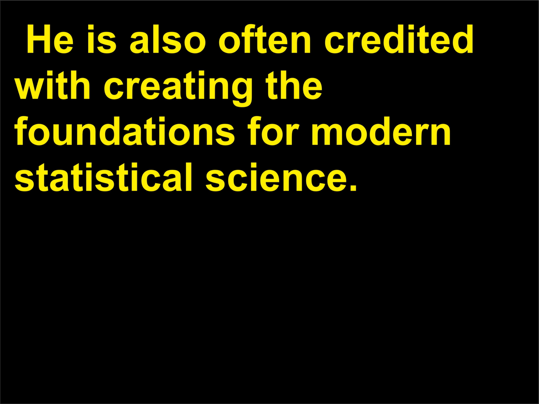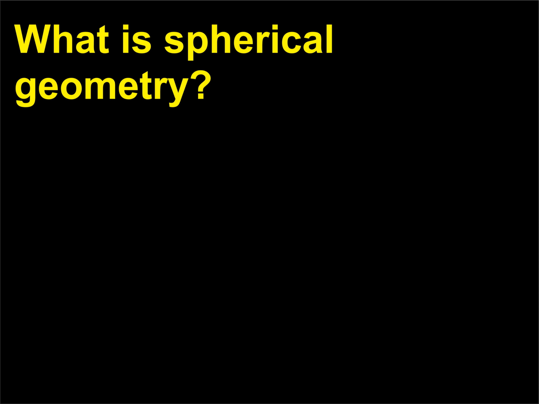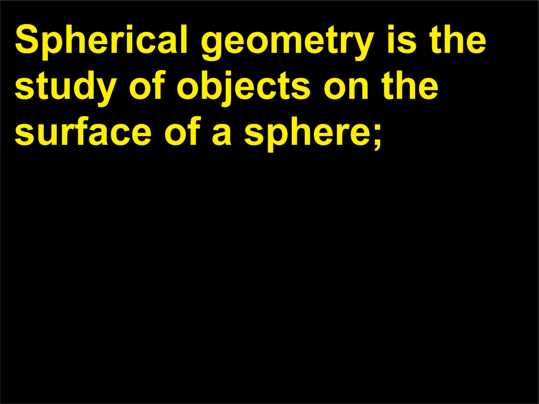What is spherical geometry? Spherical geometry is the study of objects on the surface of a sphere. This differs from the type of geometry studied in plane or solid geometry.